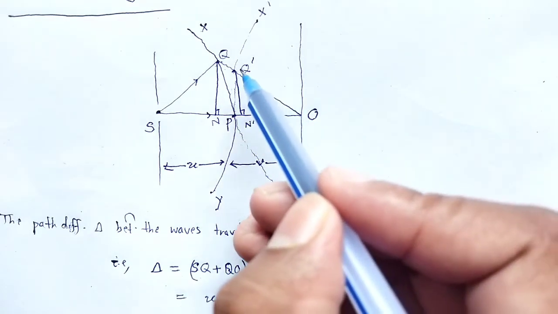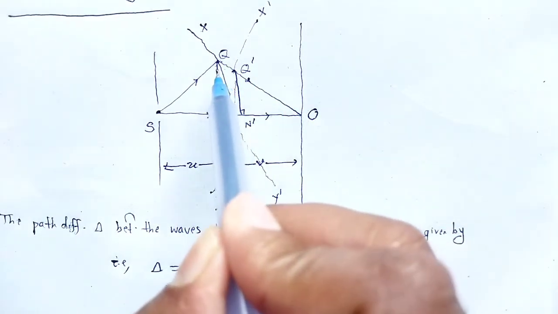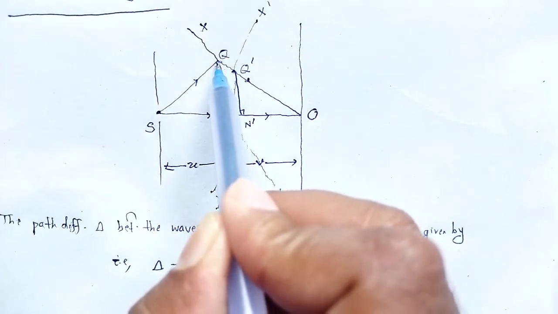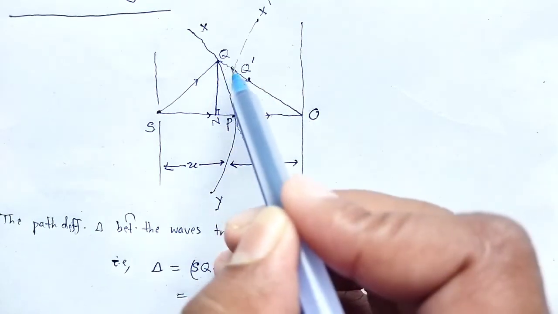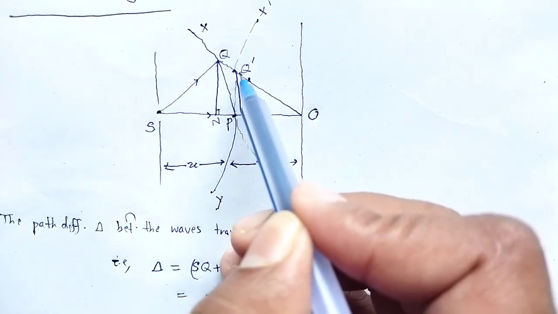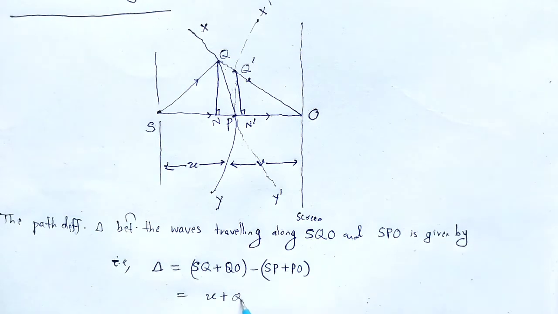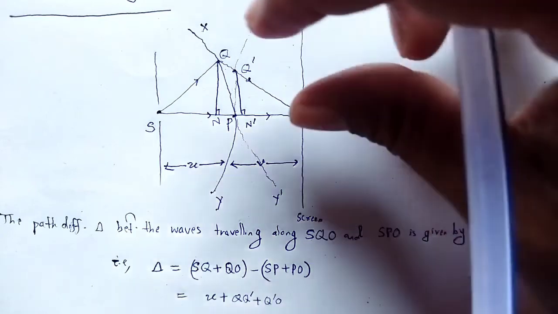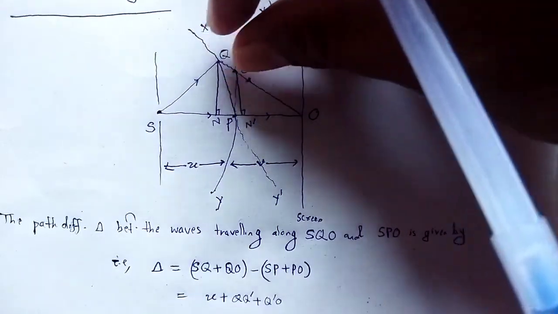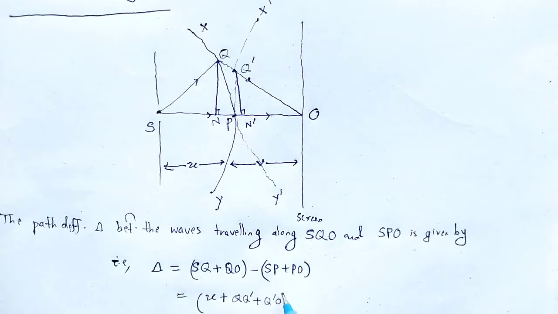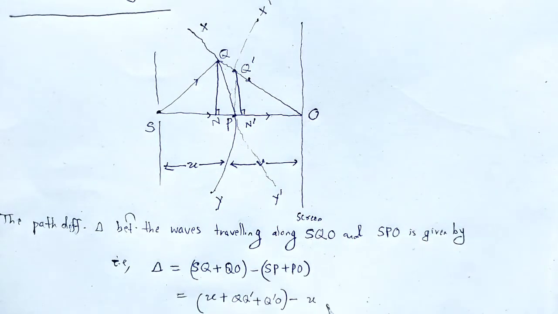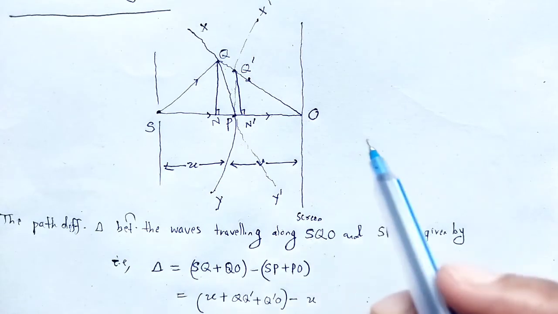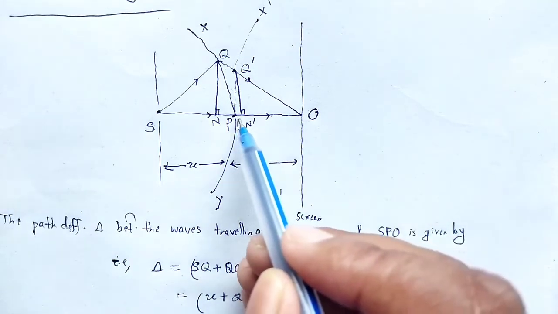In place of QO I can write QQ dash plus Q dash O, minus SP, which is u, plus PO, which is v.